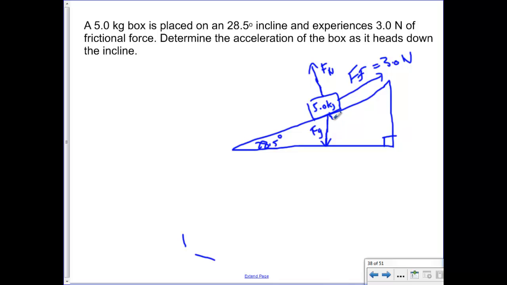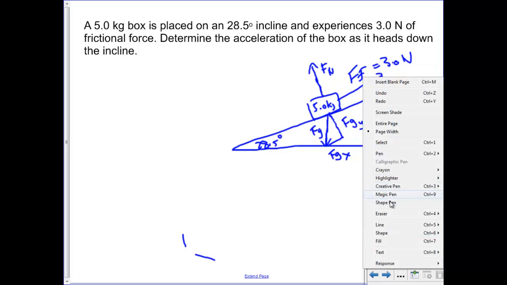And what we could do is break gravity back up again into gravity y and gravity x. But since I haven't tilted this, it may not make sense to use x and y.